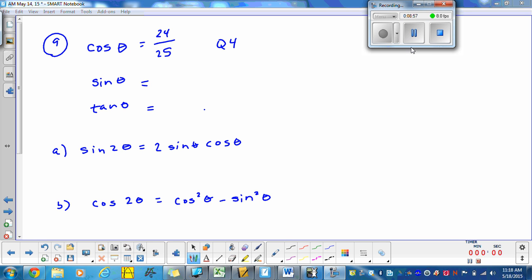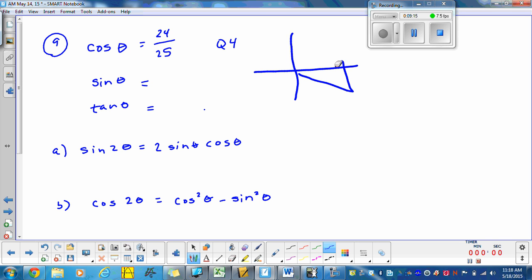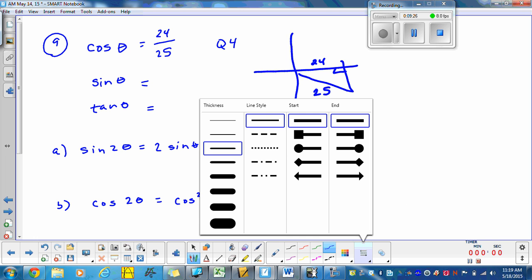Number 9 tells us that the cosine of theta is 24/25, and that it lies in quarter 4. So the first step is to draw your triangle in quadrant 4. So it's going to be in this quadrant. And cosine is adjacent over hypotenuse, so let's be sure and label that appropriately.